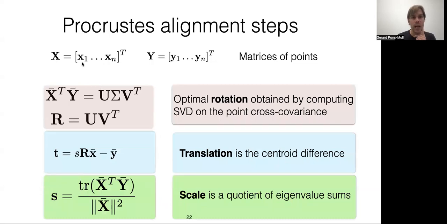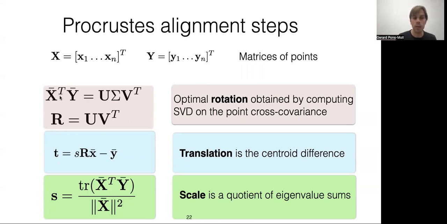So why am I showing you this? Because if we have these two matrices of points, X and Y, source shape and target shape, the optimal rotation is given by the following equation. First of all, we center the shapes. That's why we have this bar here.